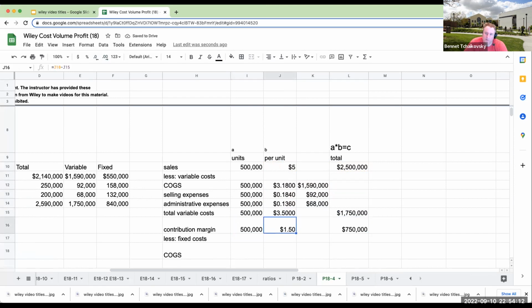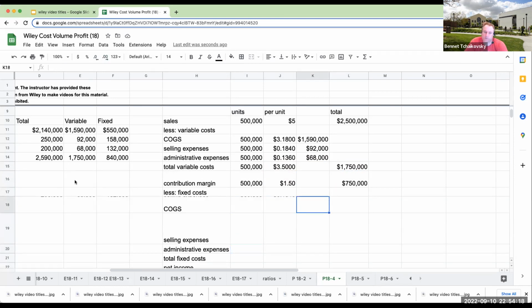Remember, this has to equal what I'm coming down to over here. For my fixed costs, I've got 550, 158, and 132 for cost of goods sold, selling, and administrative.